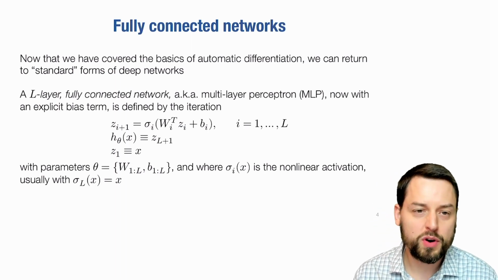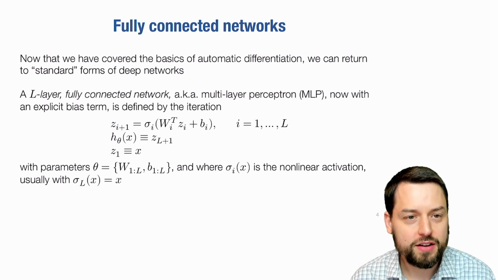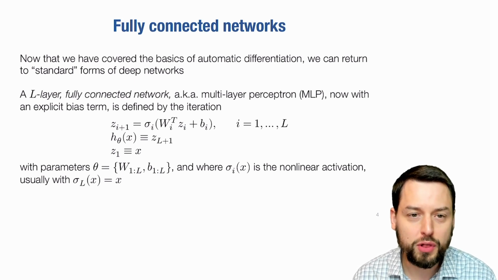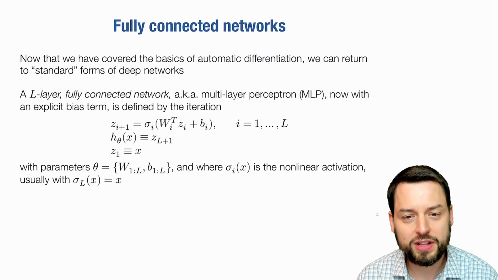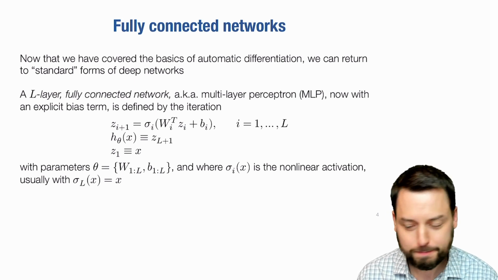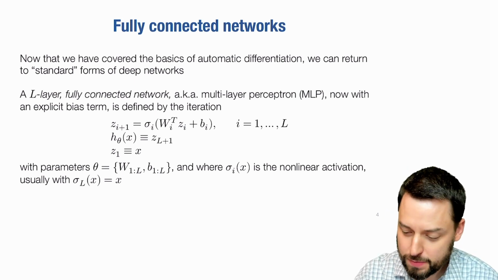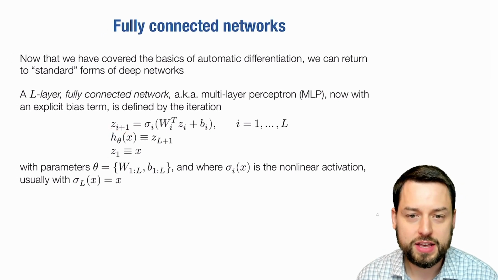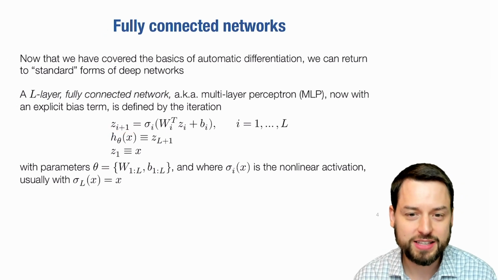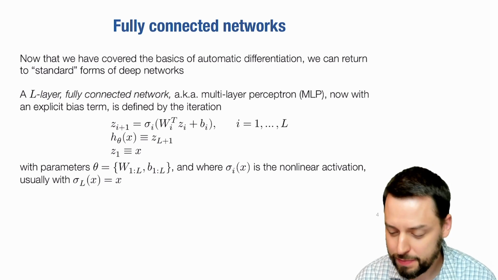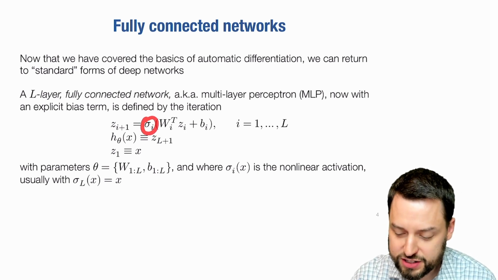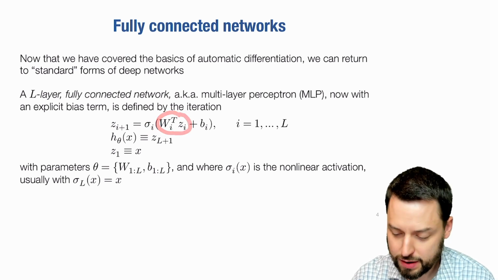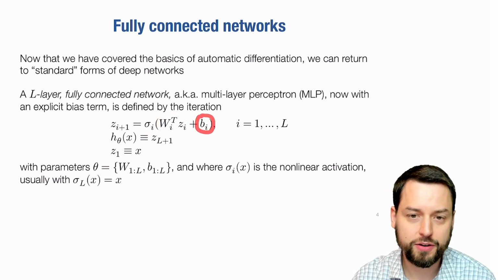So in particular, we're going to define an L-layer fully connected network, also called a multi-layer perceptron or MLP, in the following way. We're going to say that Z_{i+1}, the (i+1)th activation or just layer in the network, is equal to some nonlinear function sigma_i of a linear function of the previous layer plus a bias term b_i.